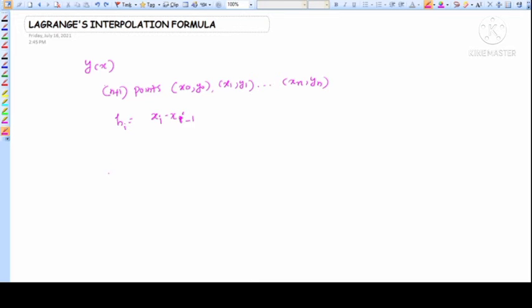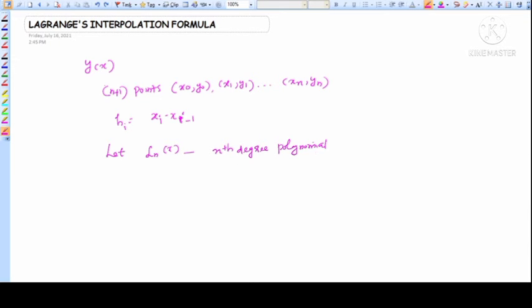So we wish to find a polynomial of degree n. Let Ln of x be the nth degree polynomial that we wish to find out.